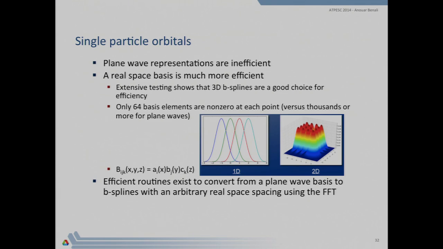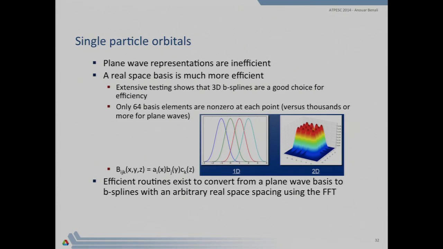And for each point, we can have only 64 basis elements. That means that for each point that you try to evaluate in space, you can imagine a cube around it that can be represented by 64 points.